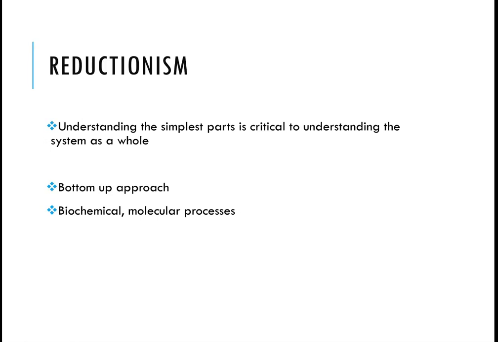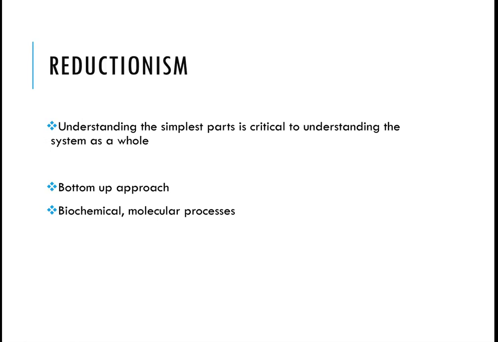And so reductionism in biology is understanding the simplest parts, because understanding the simplest parts and how they interact is critical to understanding the system as a whole. You can sort of think of this as a bottoms-up approach. You might want to start with understanding the cells before you start understanding how the cells interact, how they form organs, how they form systems, etc.